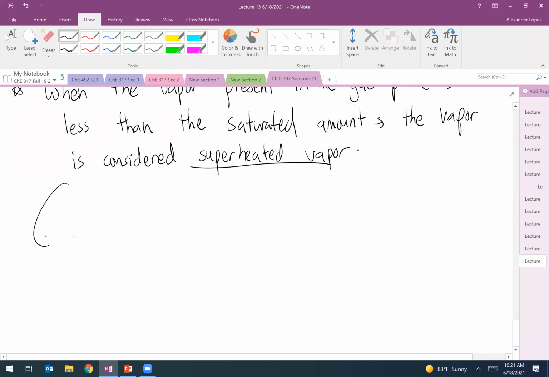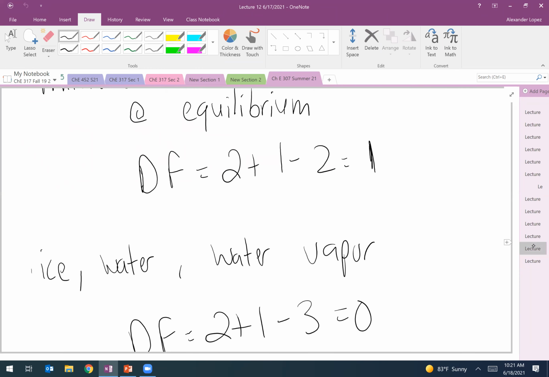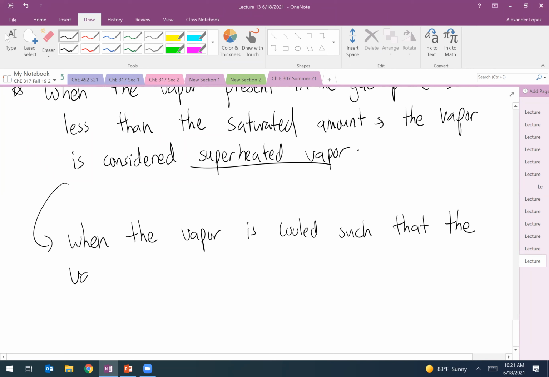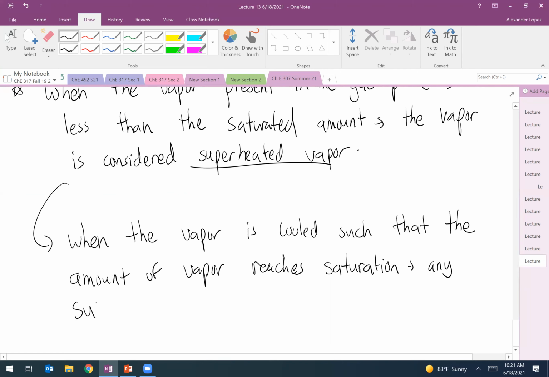So when it's cooled such that the amount of vapor reaches saturation, any subsequent cooling results in liquid formation, i.e. condensation.